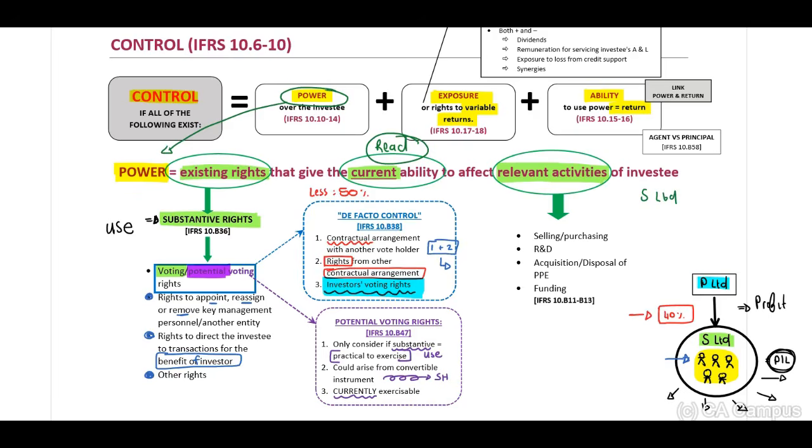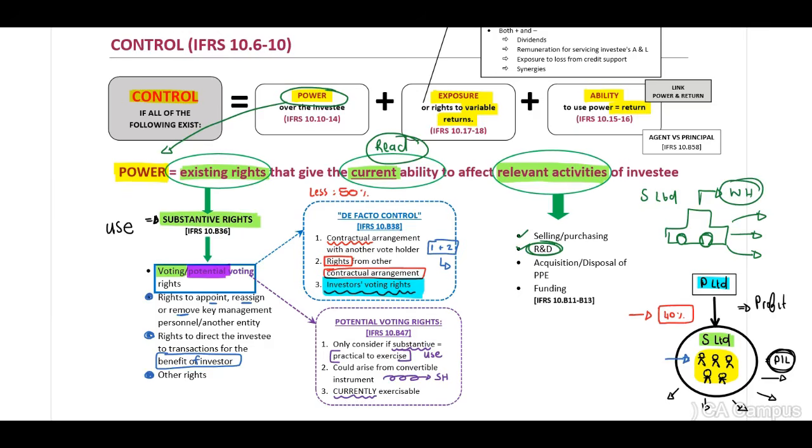Now, let's say, for example, S Limited is a transport company, and the relevant activities of this transport company will be logistics. Therefore, P Limited should be able to make decisions in terms of the logistics, the traveling, in terms of contracts. Any possible research and development in terms of possible warehouses for goods that they need to transport.